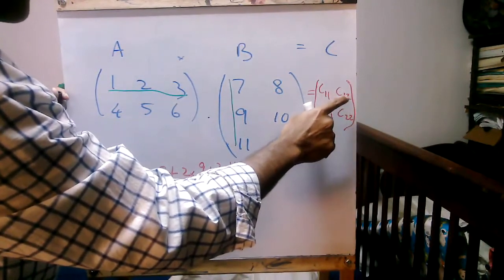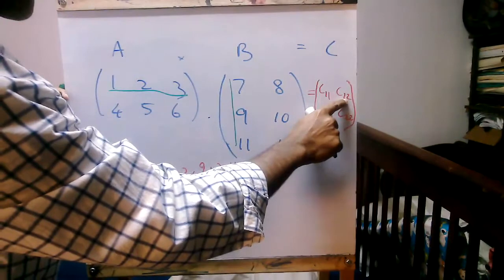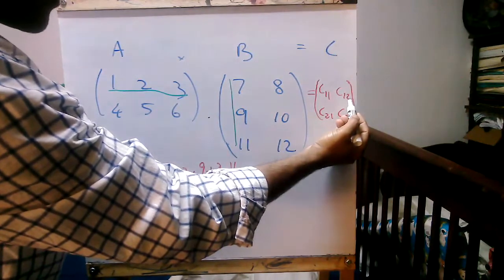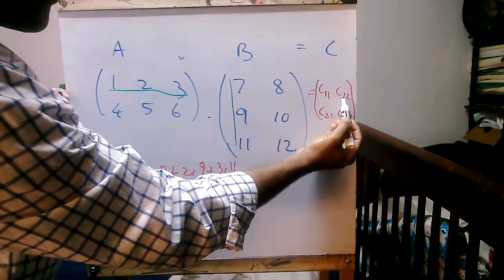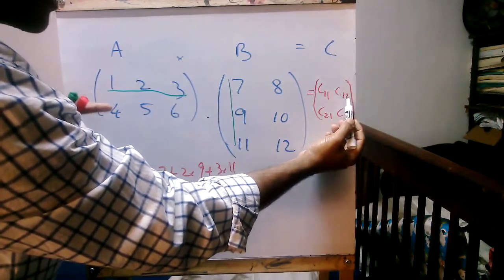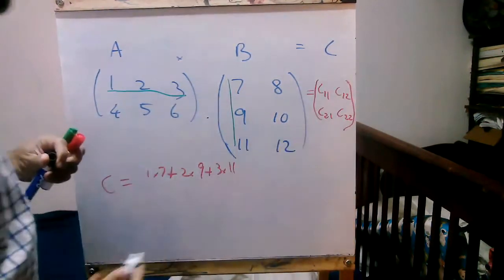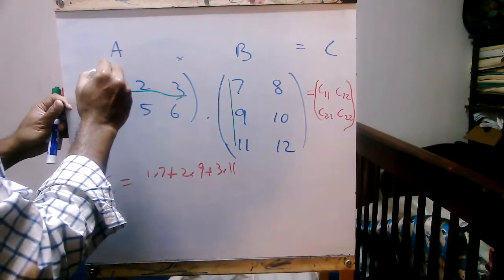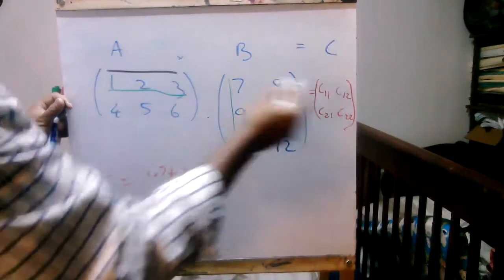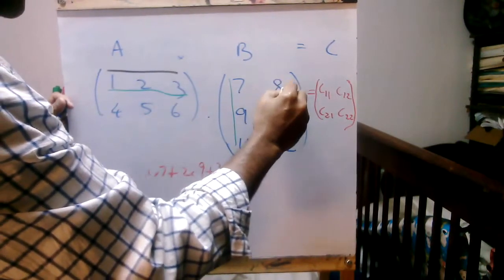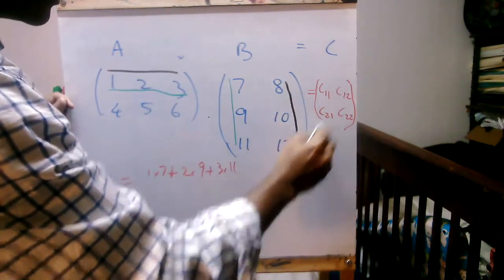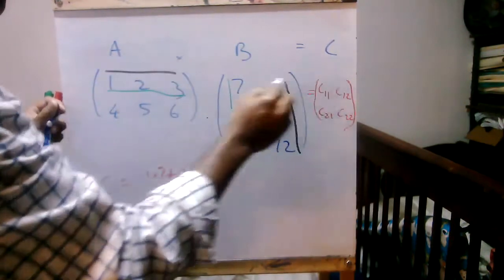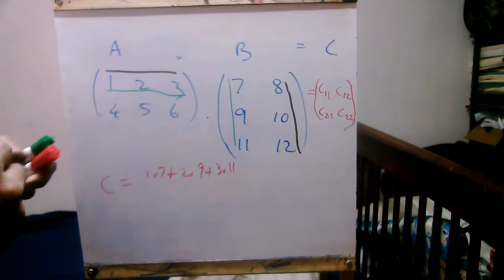This tells us that for C12, the first row from the first matrix is multiplied by the second column of the second matrix. I do it in black. This is the first row and this is the second column. C12: first row and second column we're going to multiply.